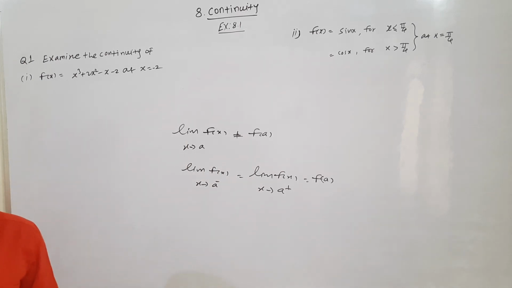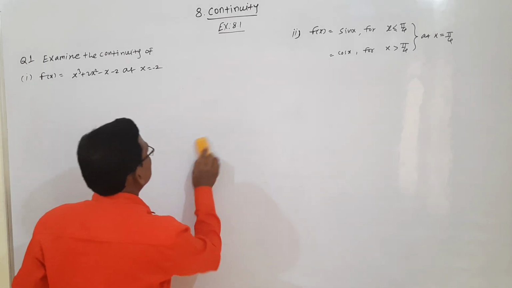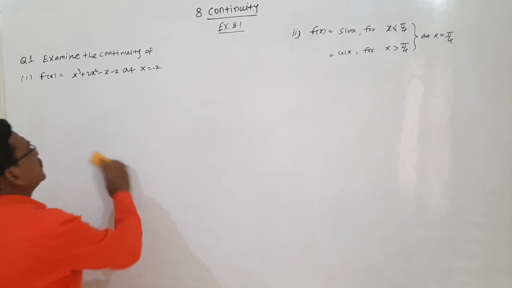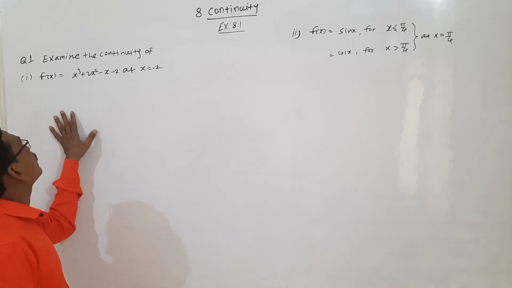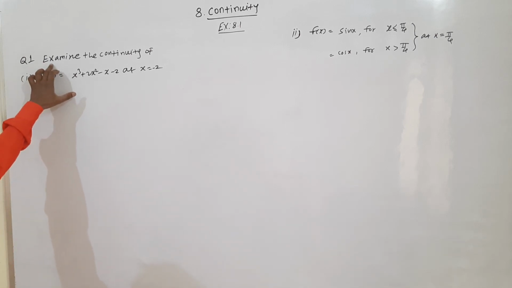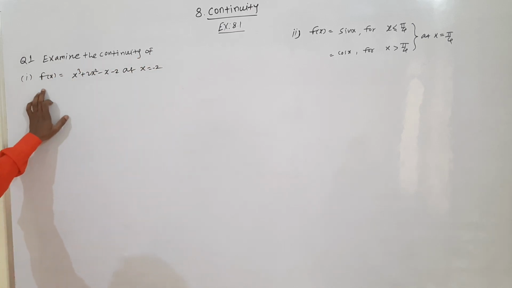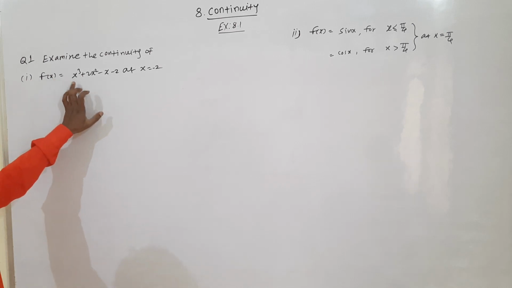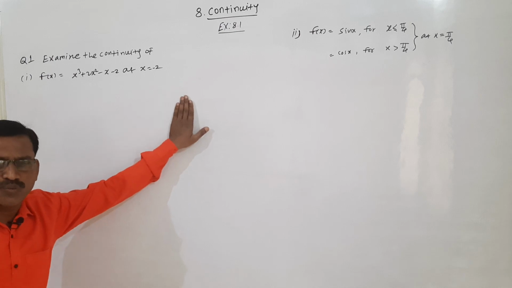Now we will take the examples in this exercise 8.1, which depends on continuous function at a point. The first example, question number one: examine the continuity of the function f of x equal to x cube plus 2x square minus x minus 2 at x equal to minus 2.